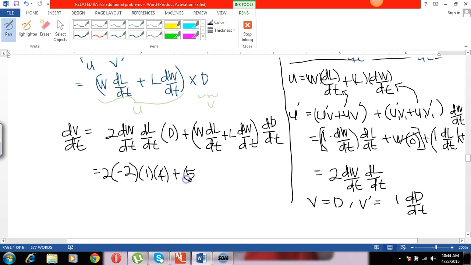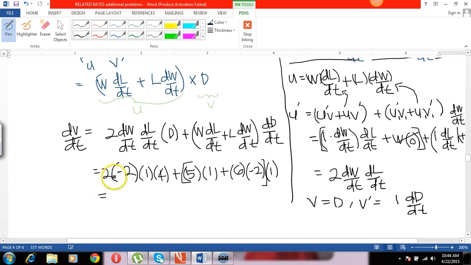Then dL over dt equal to 1 plus L equal to 6 times dW over dt equal to negative 2, times dt over dt, put here in the bracket and times this one.